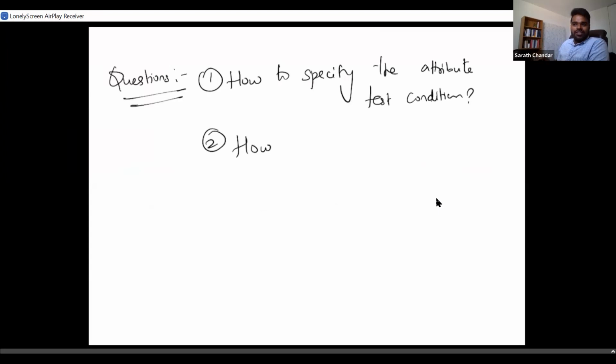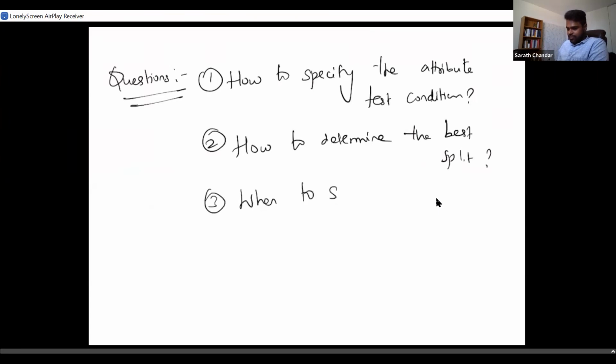Let's say I have a bunch of tests, how to determine the best split. Then the question of when to stop splitting. Should I keep splitting, or when should I stop, right? If we answer these three questions, then we will have a more solid algorithm that you can actually go ahead and implement.